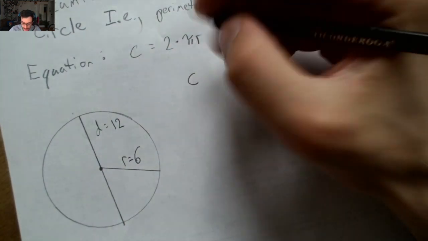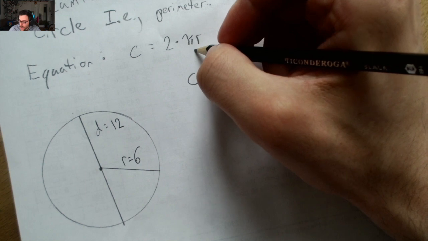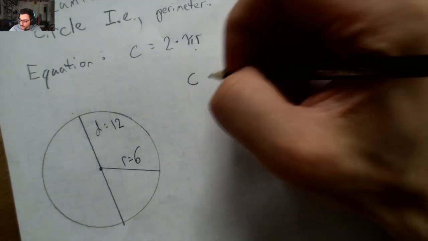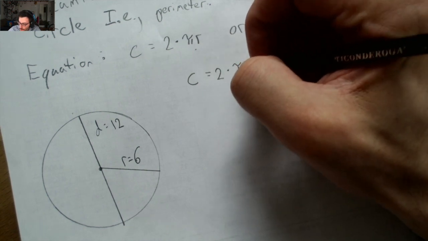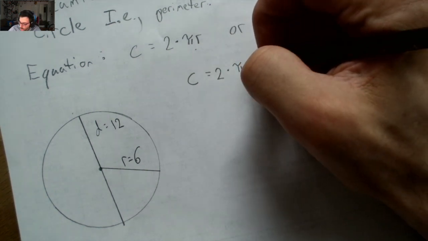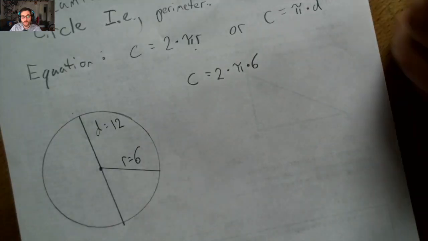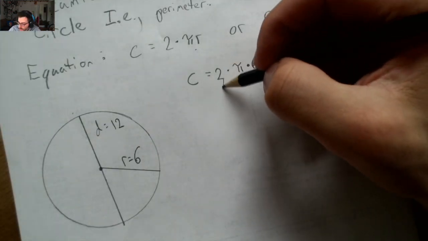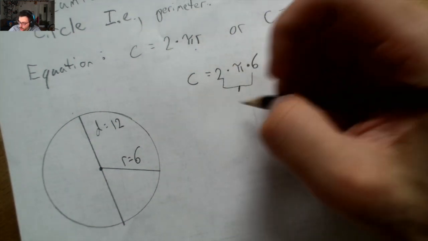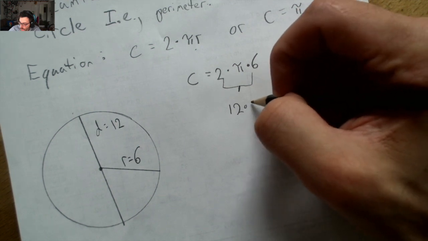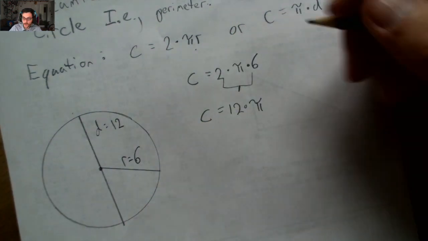Okay, next thing. Let's fill in these values. If we're going to work with our radius in terms of solving for our circumference, we're going to do C is equal to 2 times pi times 6. And what we can do here is basically just multiply 2 and 6 and get a value of 12 times pi, or 12 pi as our circumference.